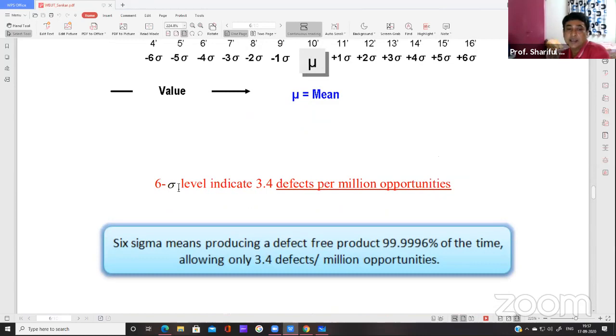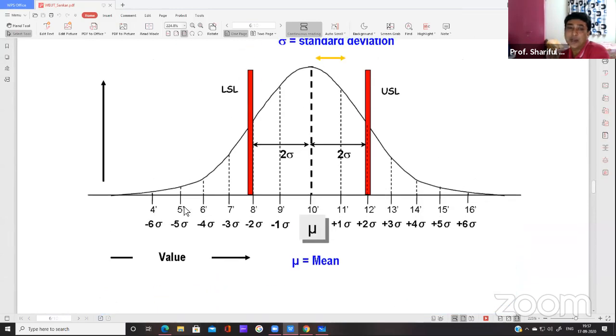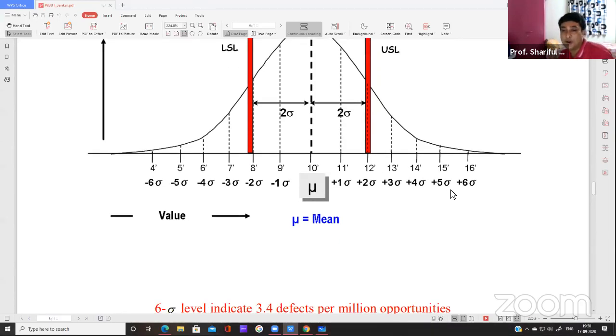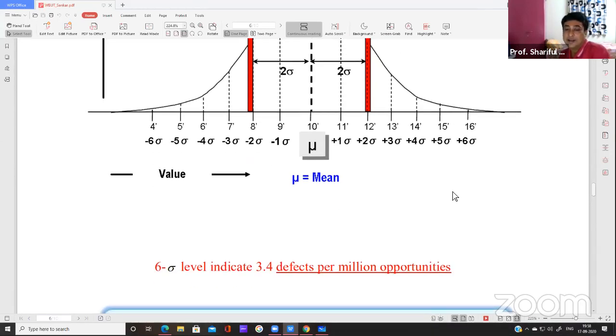So basically, 6 sigma level, that's a very crucial level, indicates 3.4 defects per million opportunities. Basically, we are assuming the area under this curve is 1 million. So in 6 sigma level, how much area will be covered? It will cover the maximum area. Better to say how much area will be left.